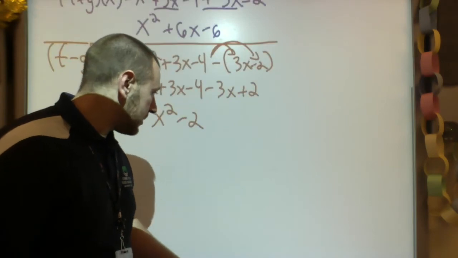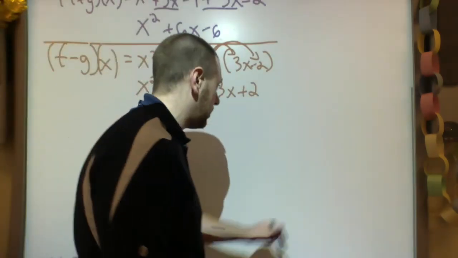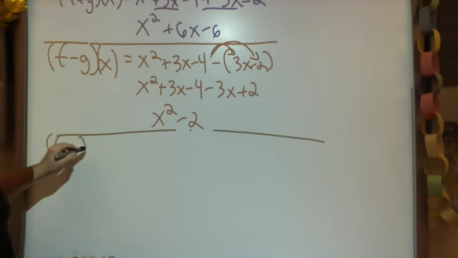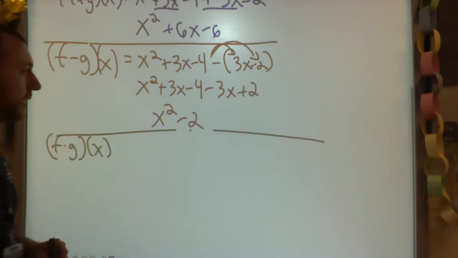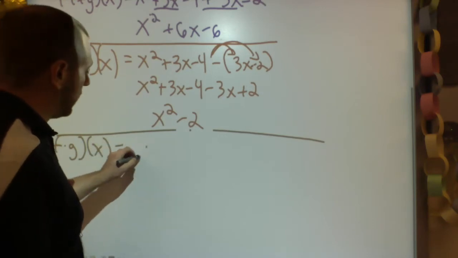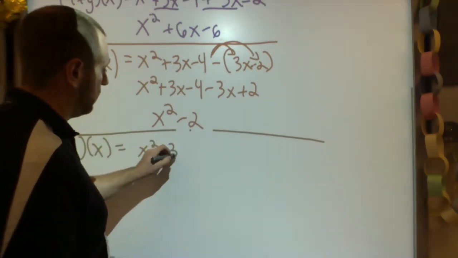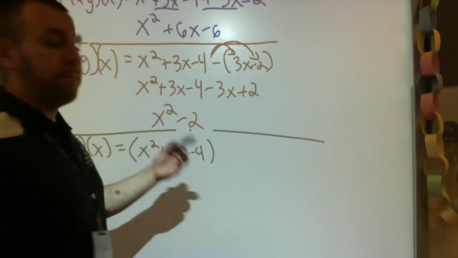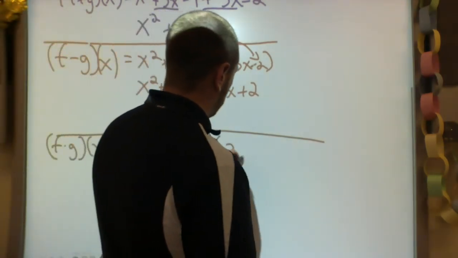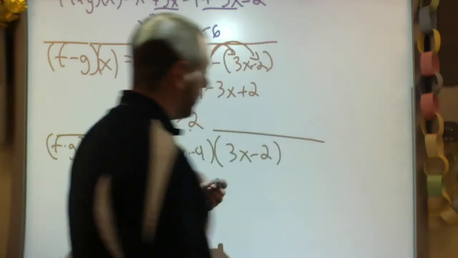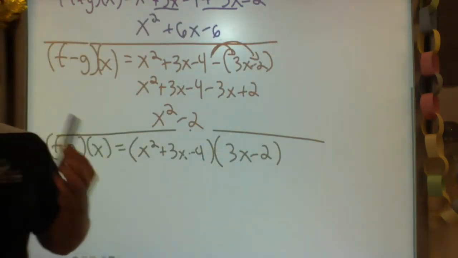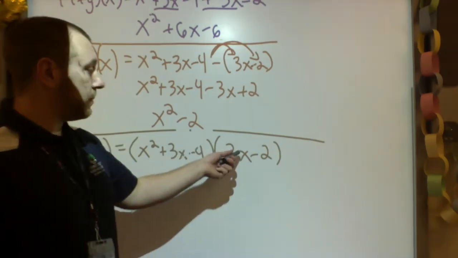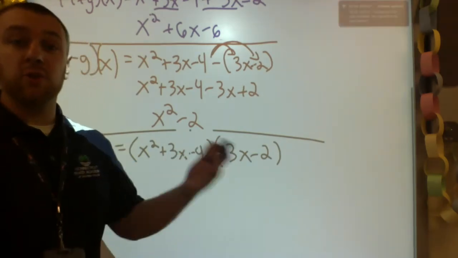The next one comes with my f times g of x. And this is where I, again, write the functions, and then I'm multiplying it by the g function. Remembering back to previous topics, whenever I'm multiplying these things, it's really just the distributive property.